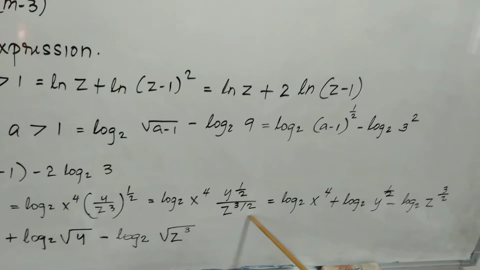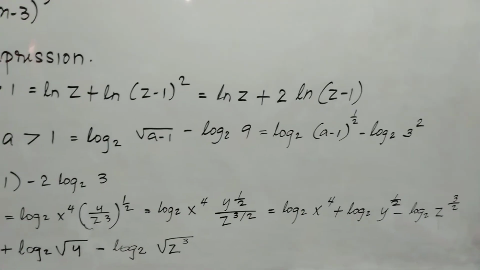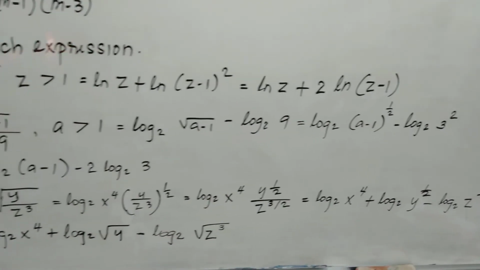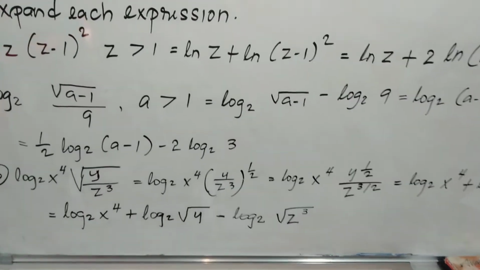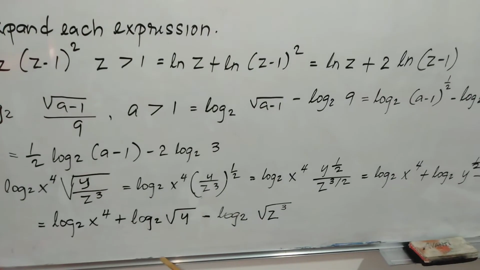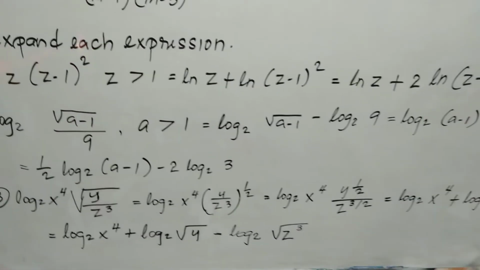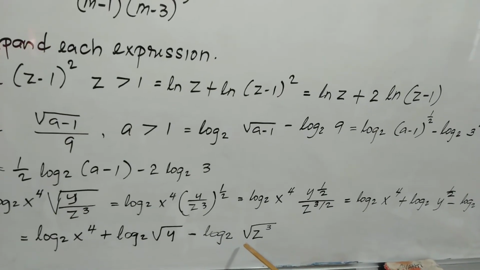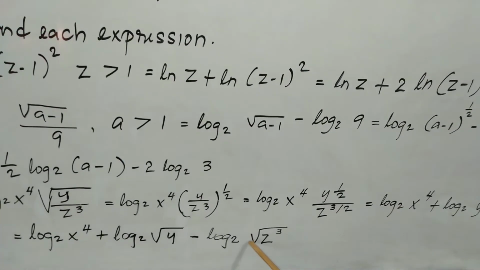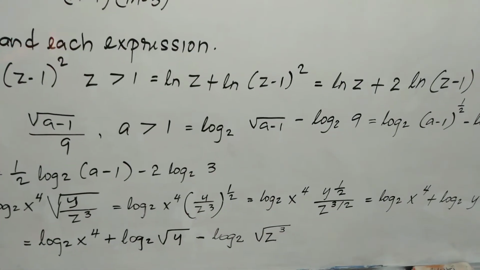So we just simplify all this: logarithm base 2 of x to the 4th plus, changing again to radical form, logarithm base 2 of square root of y minus logarithm base 2 of the square root of z cubed.